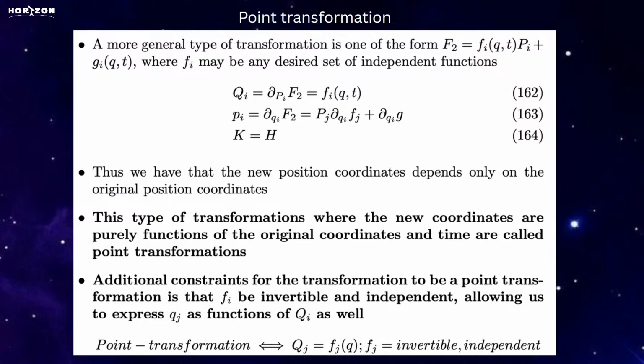It also turns out that the final momentum coordinates must depend on both the original position coordinates and the original momentum coordinates. These additional constraints lead to f being invertible, and this is why we can express the initial coordinates in terms of final coordinates explicitly.